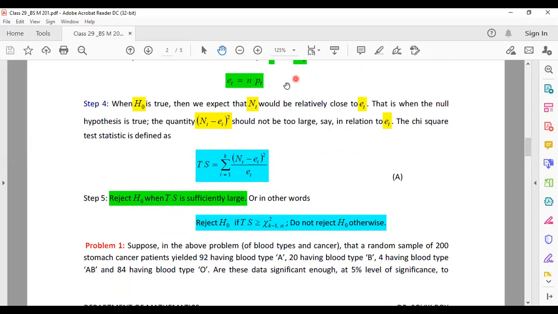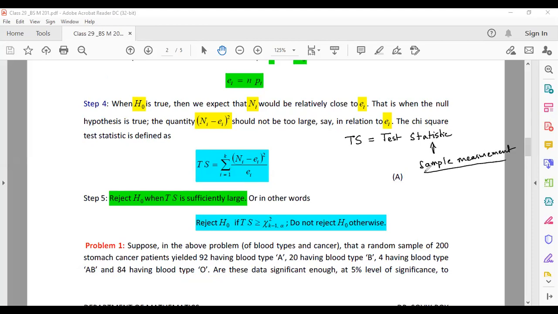What is this TS? I have not mentioned what TS is, because you probably were thinking that we are learning chi-square, so where is this TS coming from. TS is a very general term. It's the abbreviation for test statistic. Statistic means sample measurement, isn't it?